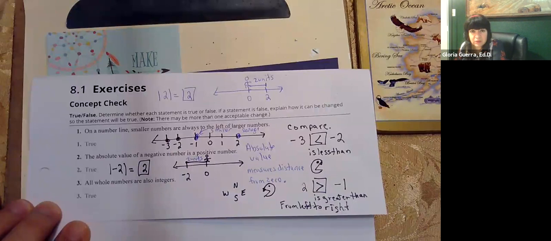So distance is not negative. The only way that a problem could be set up where you end up having a negative answer for absolute value is if you have a negative outside of the absolute value bars.